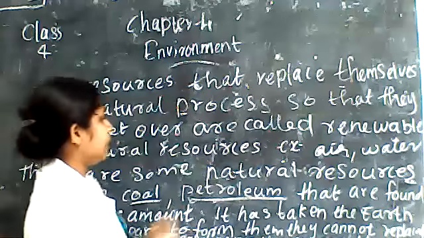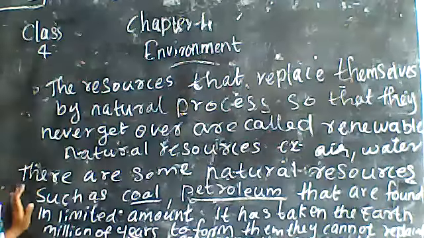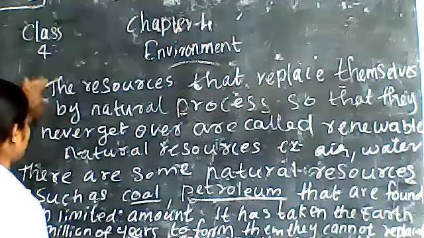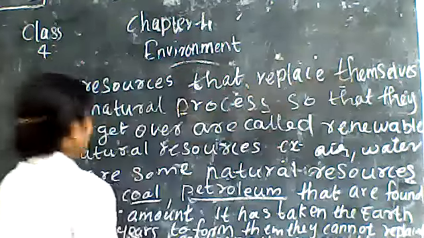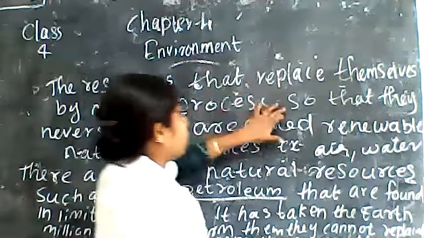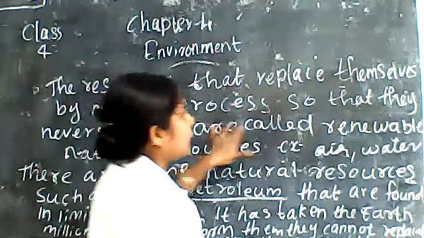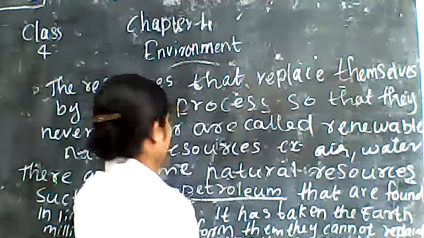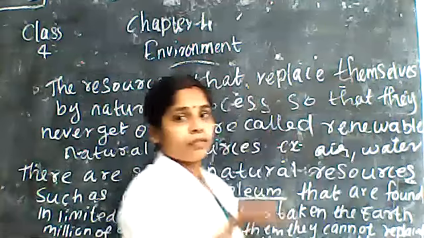Resources are two types. One is renewable resources and another one is non-renewable resources. Renewable resources, the resources that replace themselves by natural process so that they never get over, are called renewable natural resources. Example: air, water, forest.